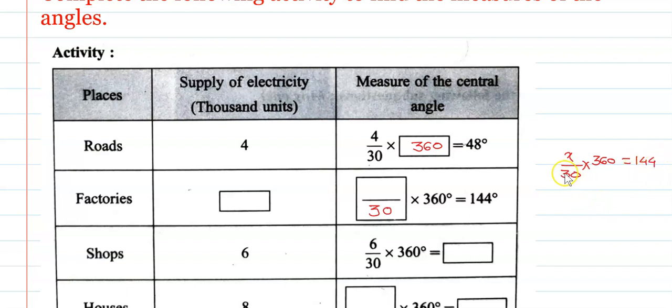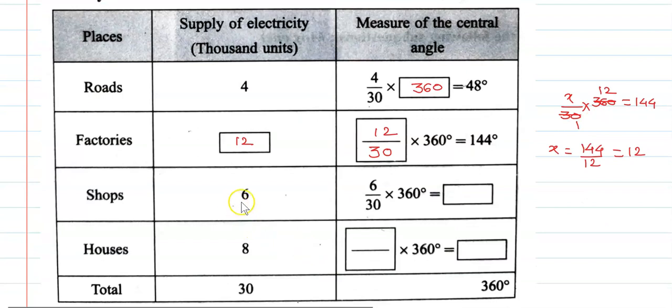After simplification, you will get here 30, here is 12. Therefore x is equal to 144 upon 12. You will get x is equal to 12. Therefore substitute here 12, and here is also 12.